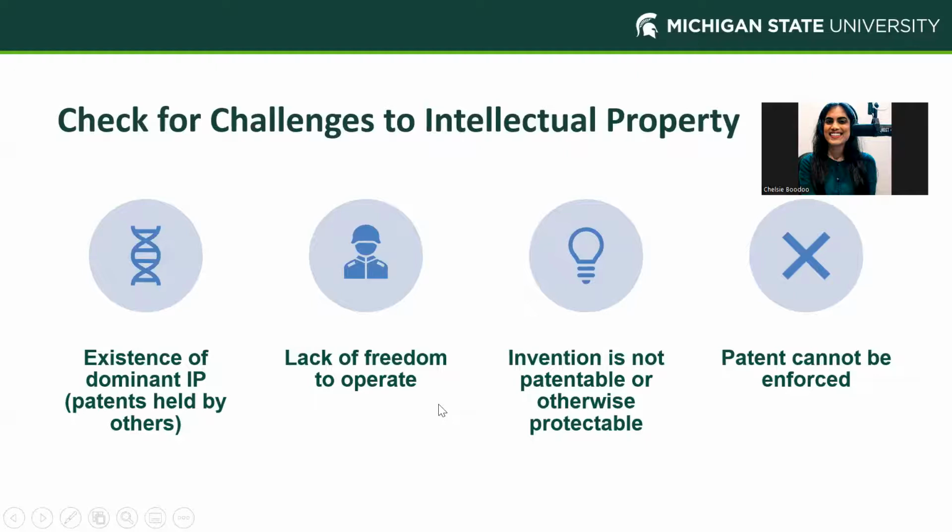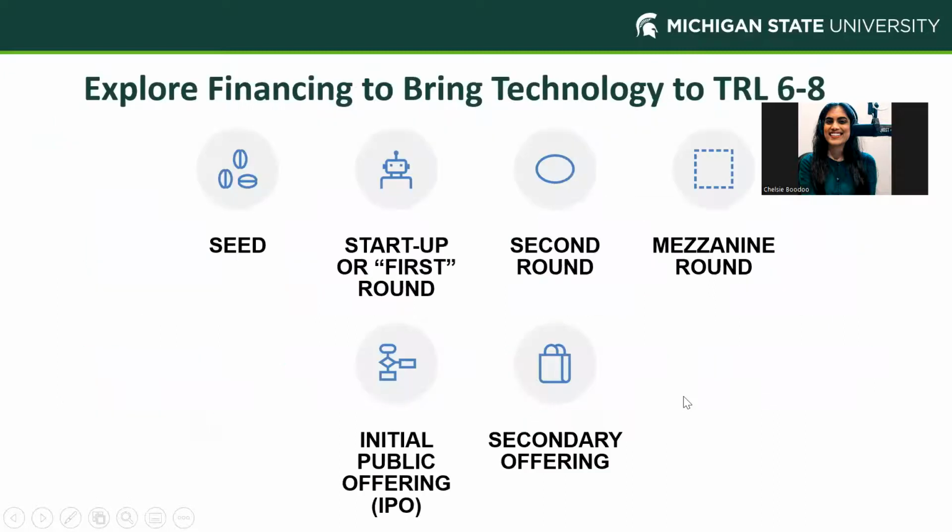In other words, you have the technology, but you cannot implement it. Or the invention is not patentable, it's not protectable, or the patent cannot be enforced. Those are areas you want to check because you don't want to proceed and then come up against these hurdles.